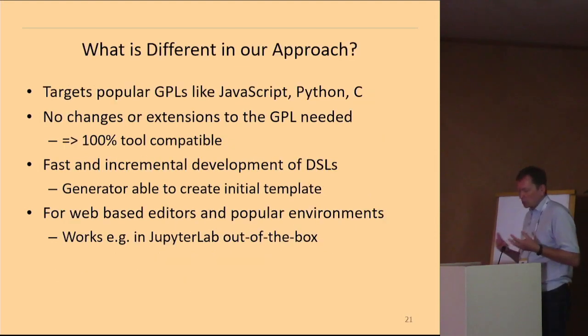In our approach, we targeted instead mainstream popular languages like JavaScript and Python, and one of the premises was that the GPL should not be changed in any way, so that the whole toolkit, tool chain, including linters, other IDEs, static code checkers don't need to be adapted.